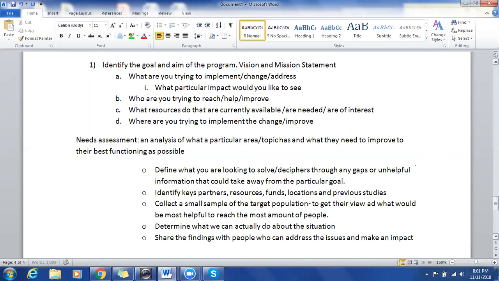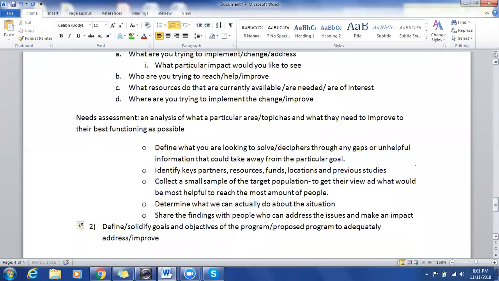So once we do all of that, that is when we branch down to number 2, when we're actually going to define / solidify goals and objectives of the program / proposed program to adequately address / improve, because we sometimes can only improve the specific need.